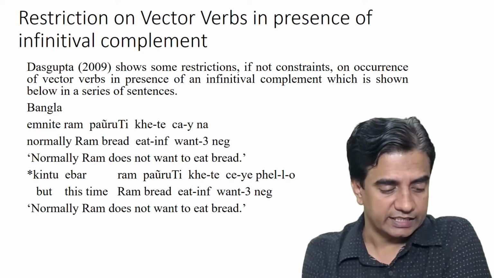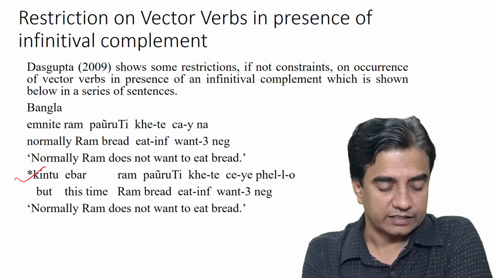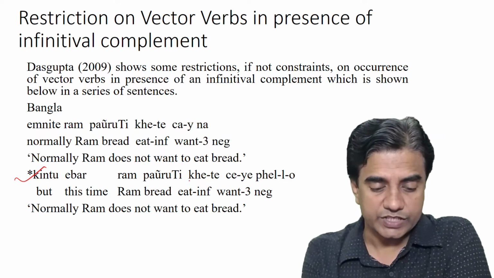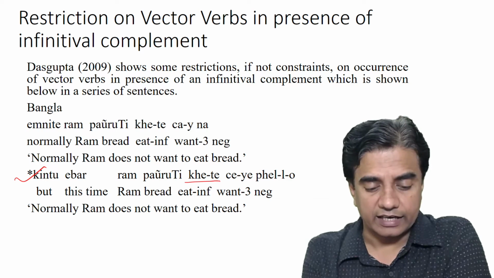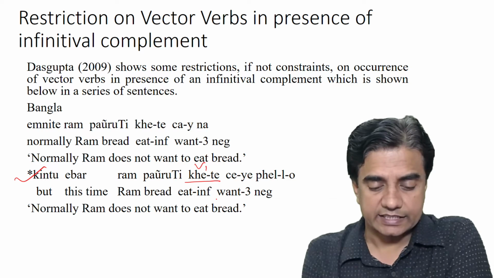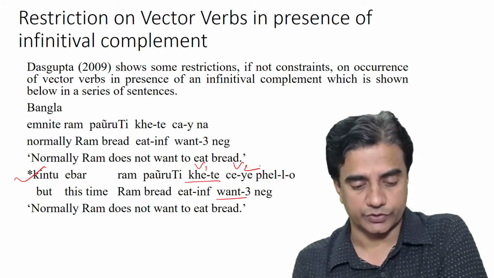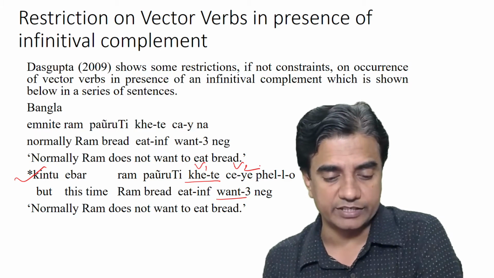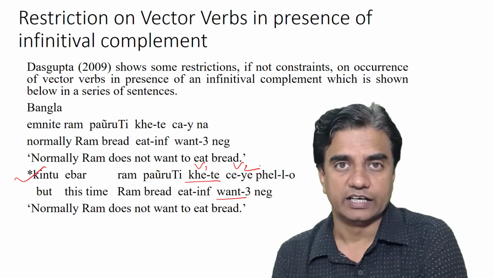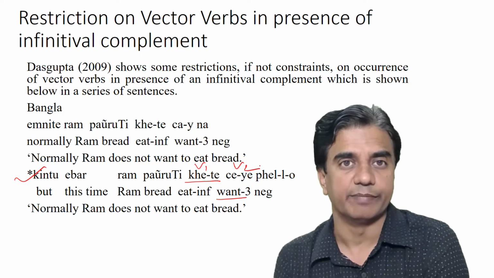And as you can see, this sentence is ungrammatical because we do see an infinitival element on V1, whereas V2 doesn't have one. So the infinitival element on V1 explains the ungrammaticality of this sentence in Bangla.